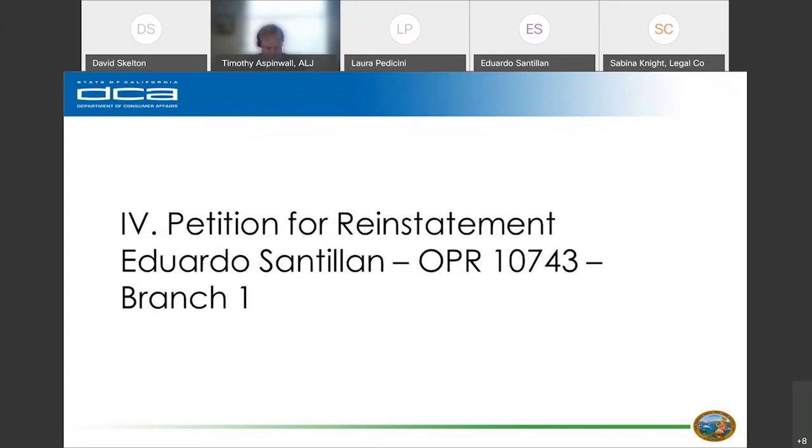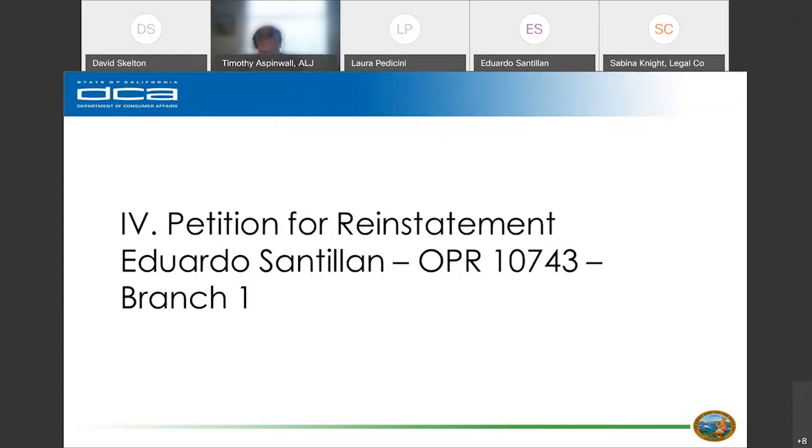First, I would like to mark for identification and offer into evidence Exhibit 1, which is the original petition packet with accompanying documents. The board members and petitioner have been provided with a copy of the same set of this exhibit. Exhibit 1 consists of the following. The February 12th, 2021 correspondence from board staff to petitioner Eduardo Santillan confirming petitioner's hearing date for today at this time and requesting confirmation.